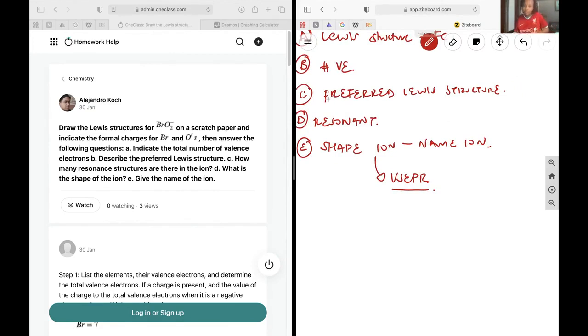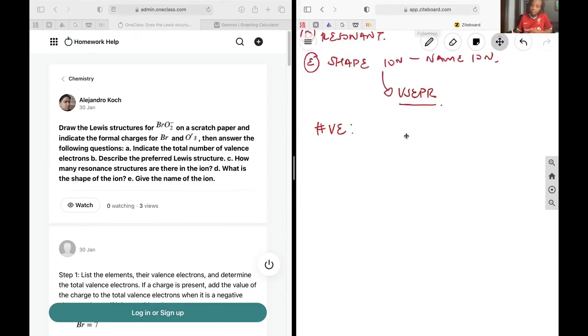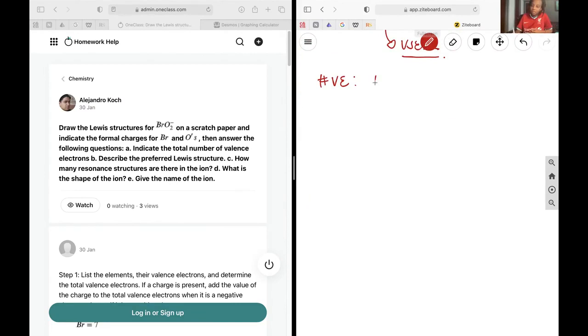The way that this question is ordered, I'm going to answer B and C. Answering B and C will give me the answer of A. And so I need to count my valence electrons, as I said. So I have bromine, I have O2, and I have a minus.